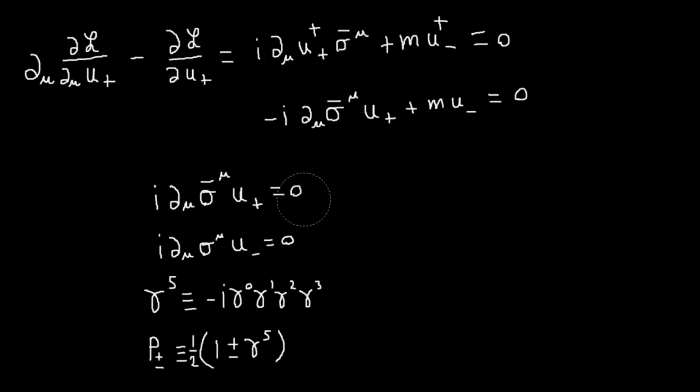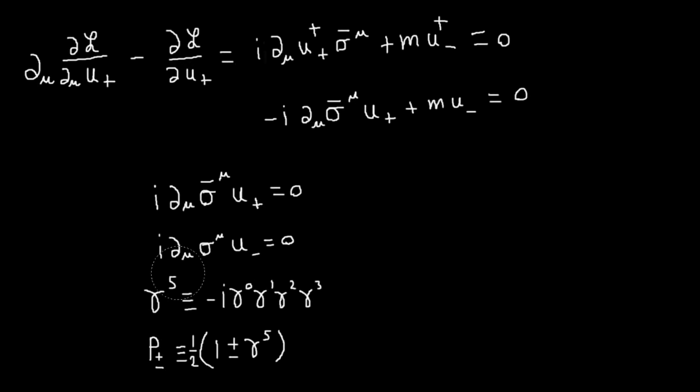So even if you're not using the chiral representation, you should be able to have this decomposition into this u plus and u minus. Basically, you can find u plus and u minus no matter which representation you use.